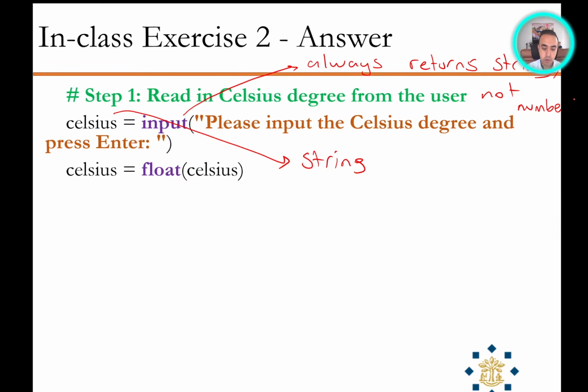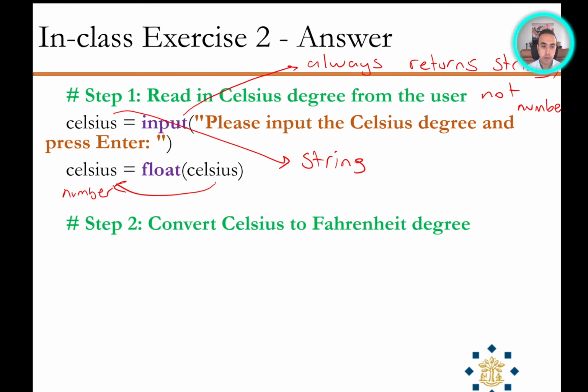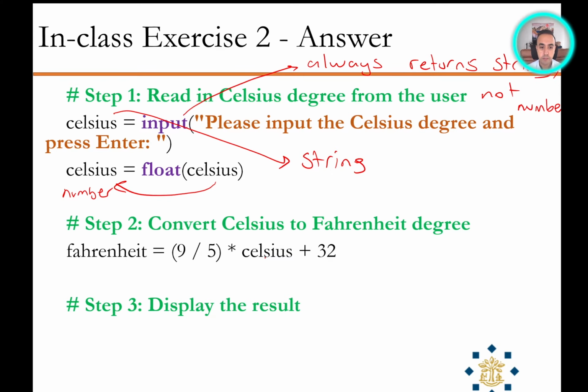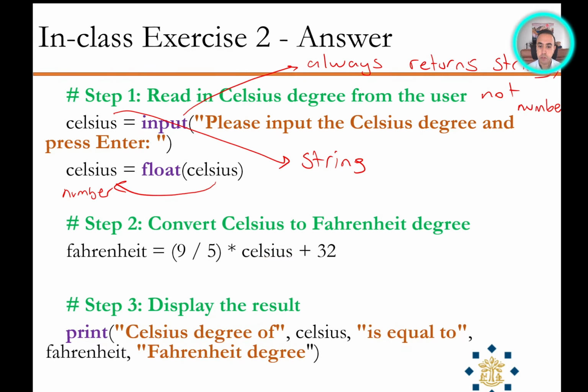So we have to do the conversion. So this is the string converted to a number. Then we convert this Celsius number to Fahrenheit, and print the Celsius degree equals the Fahrenheit degree.